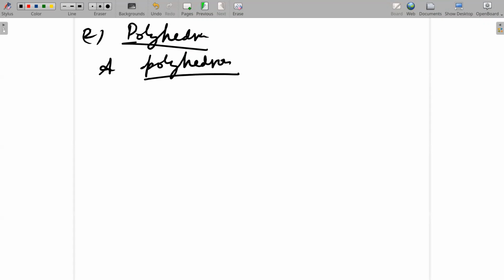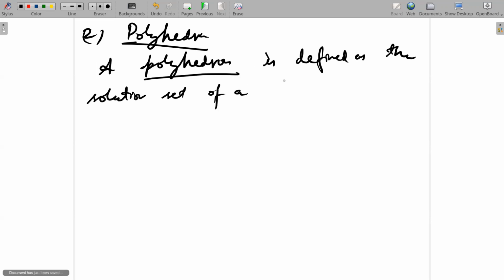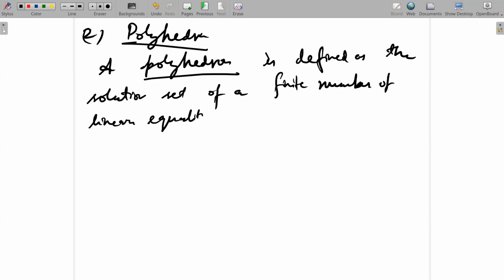So a polyhedron is defined as the solution set of a finite number of linear equalities and inequalities.